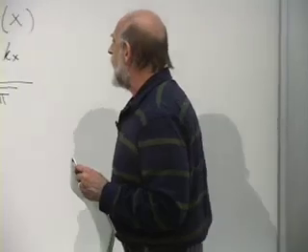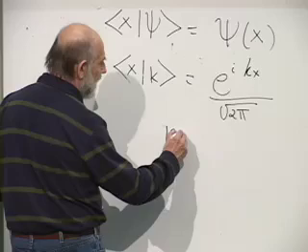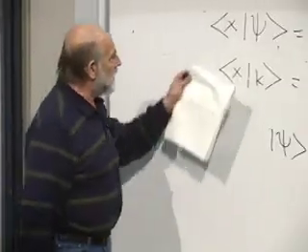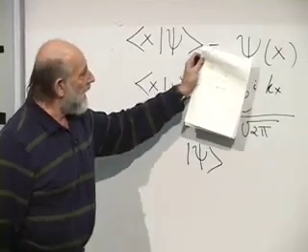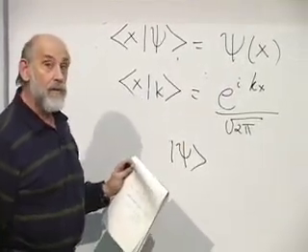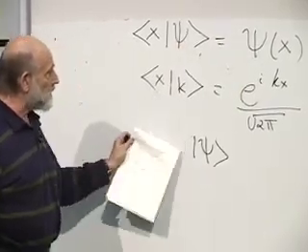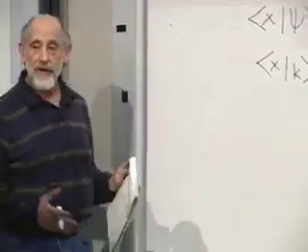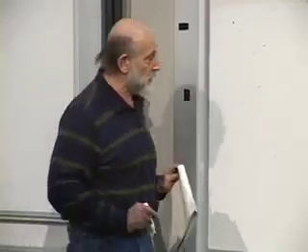Now let's take a more general state, psi, and I'm interested in what's the probability that it has different momentum. Here is the probability amplitude for it to have different positions. I multiply it by its complex conjugate to find the probability. Now I want to know what's the probability for finding different momenta if I were to measure the momentum instead of the position.